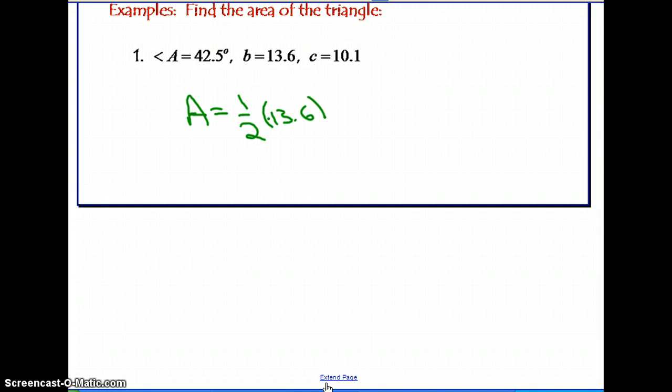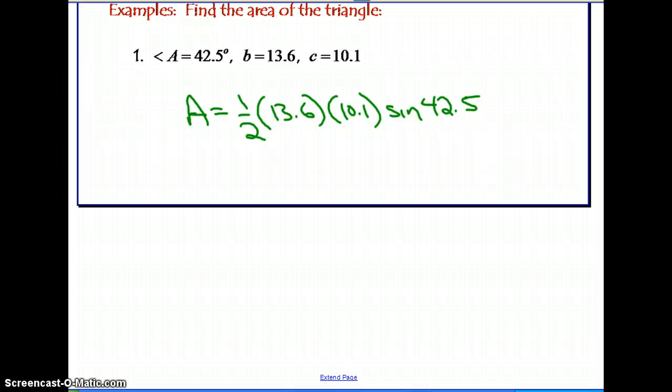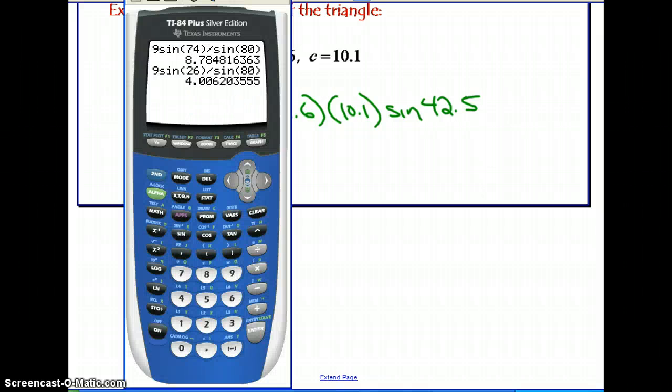Just want to erase that one dot. That'd be a little confusing with two decimals in a number. 1/2 times 13.6 times 10.1 times the sine of the angle in between there, 42.5. And at this time, it's just a calculator exercise.